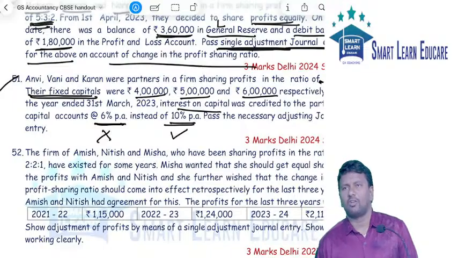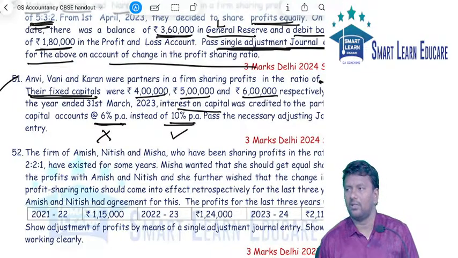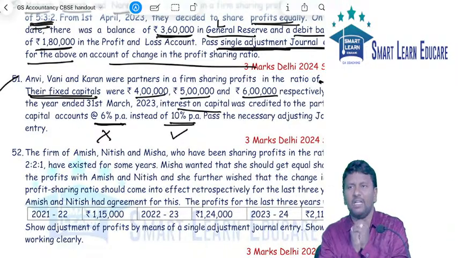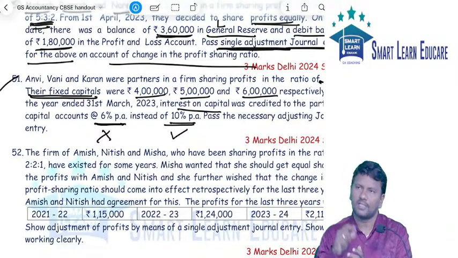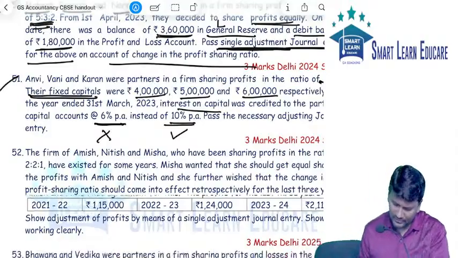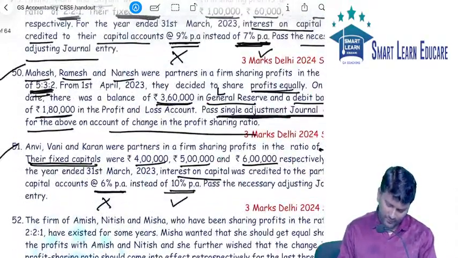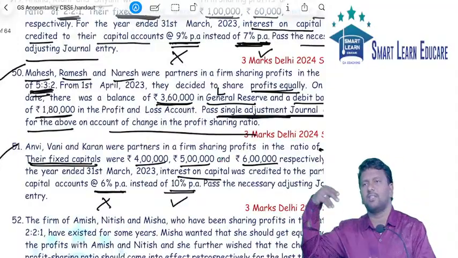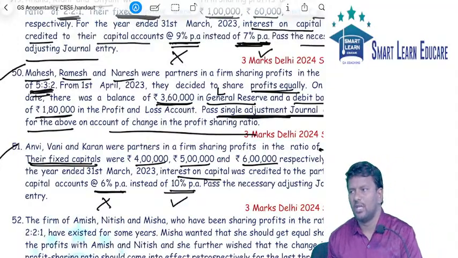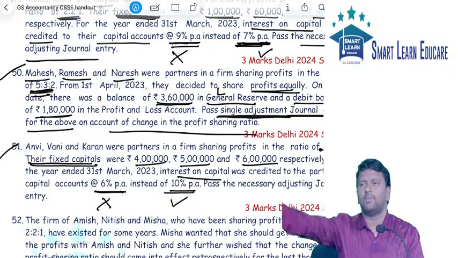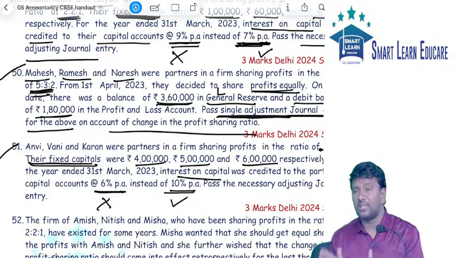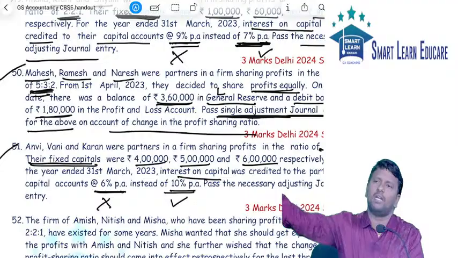When should we calculate the sacrificing ratio? If it is given that the reserves are to be maintained or retained, then the sacrificing ratio is required. We will solve the next sum and you will get that point. If nothing is given, reserve should always be transferred to old partners. If nothing is given, P&L should be transferred to old partners. If nothing is given, advertisement suspense should be transferred to old partners.